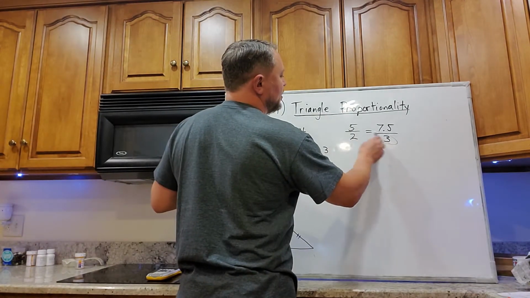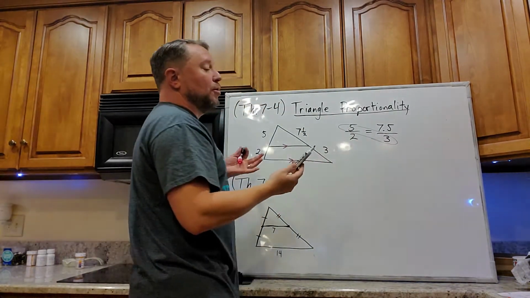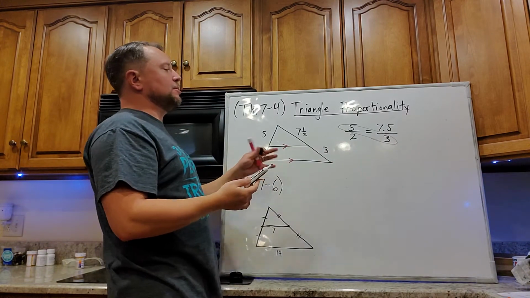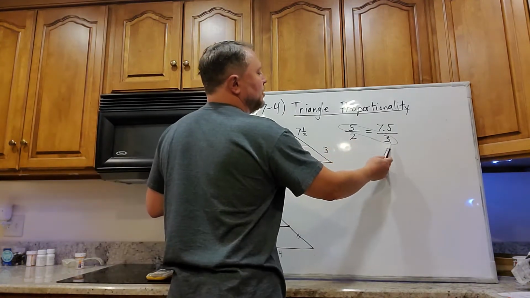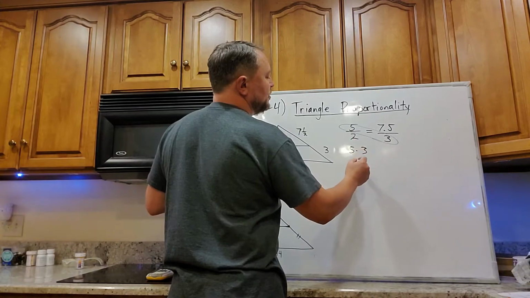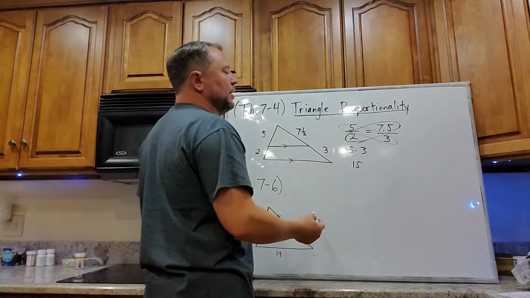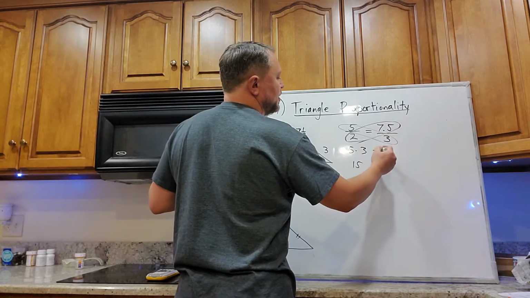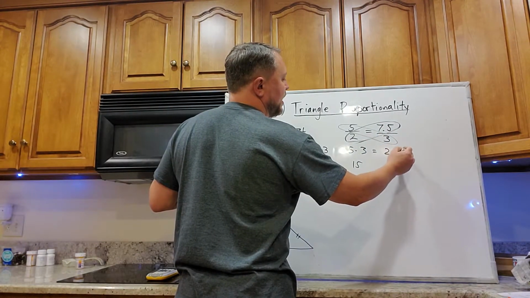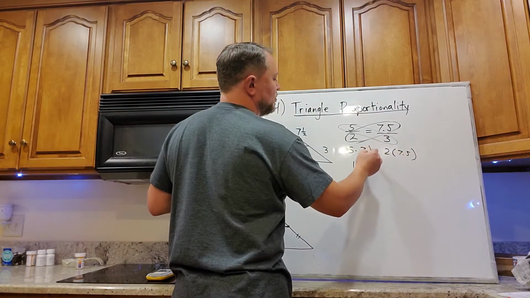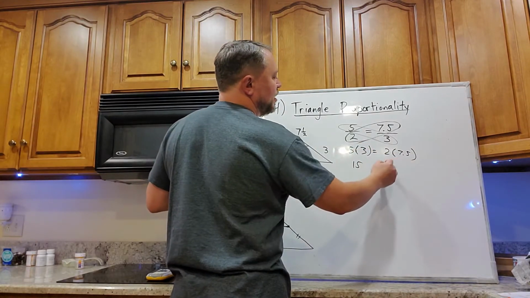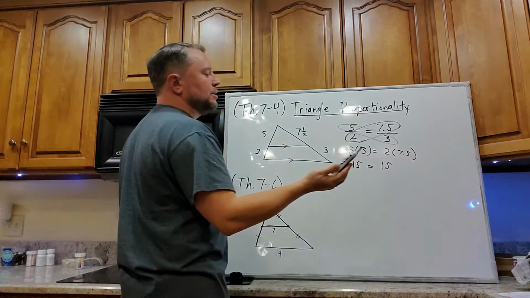I cross multiply. I want to just show you that it works, that these are proportional. After all, 5 times 3 is 15. And when I cross multiply that way, 2 times 7.5 is also 15. So you see it's a match.